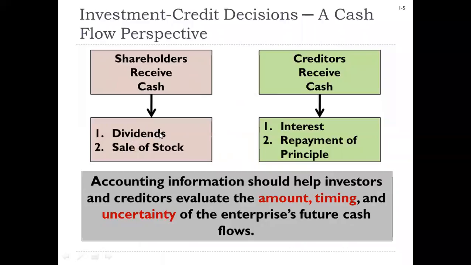So dividends are a repaying of a company's profit to its shareholders. And we'll learn that later on. Or shareholders can receive cash through selling their stock. So one of the objectives of people buying stock is to buy it at one price and then sell it when the price is higher, thereby making a profit on selling the stock.